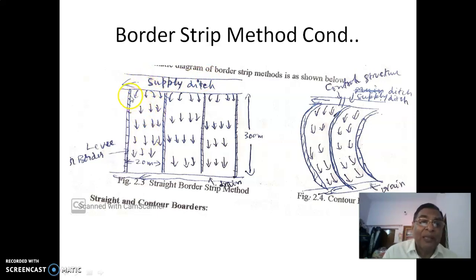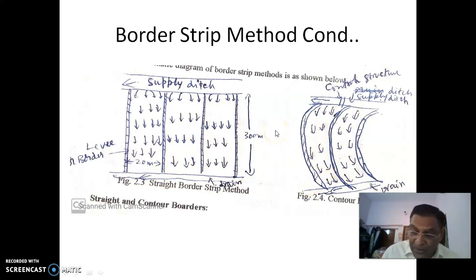That means the water flow is confined to this much width only, which we are talking about 10 to 20 meters or maximum 30 meters. And this is the length of the border, about 100 meters to 300 meters. Like that, the entire field is divided into several borders whose length is 300 meters. This is a straight border strip method. We will discuss contour border later on.